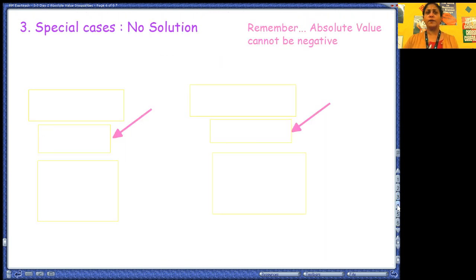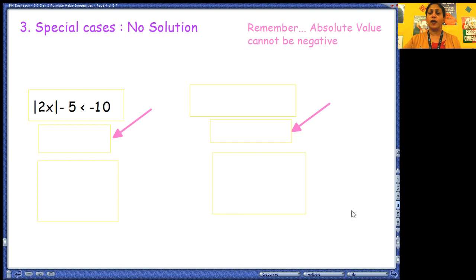But sometimes there is no solution for some inequalities, and you have to be careful when you're doing this and pay attention to what it is that you're looking at. So remember that absolute value cannot be negative. So if you get an inequality like so, we're going to isolate the absolute value.